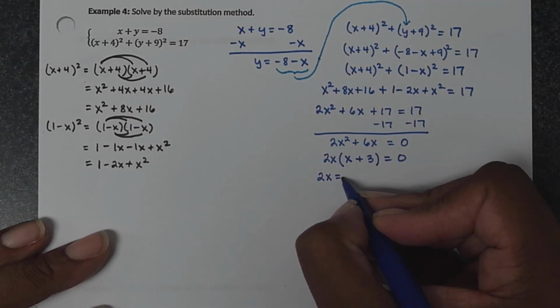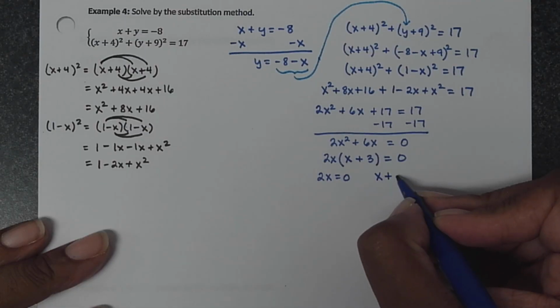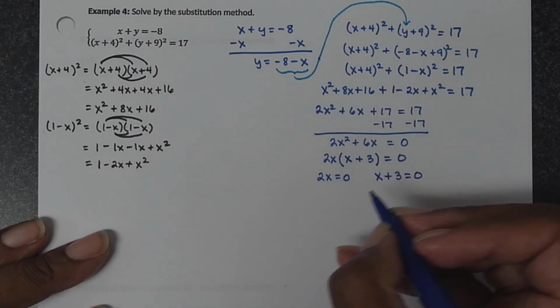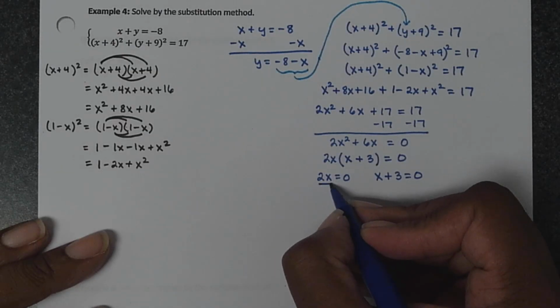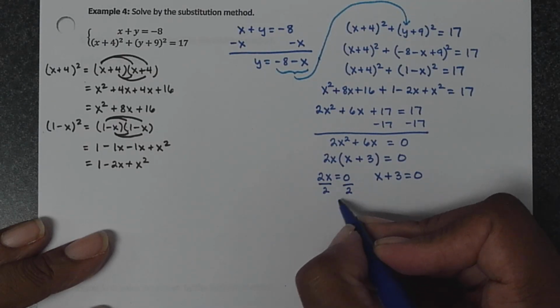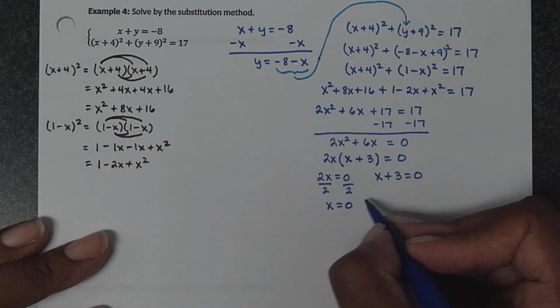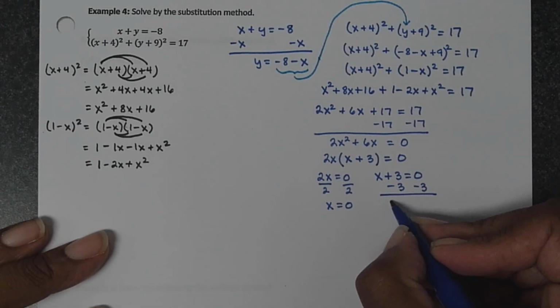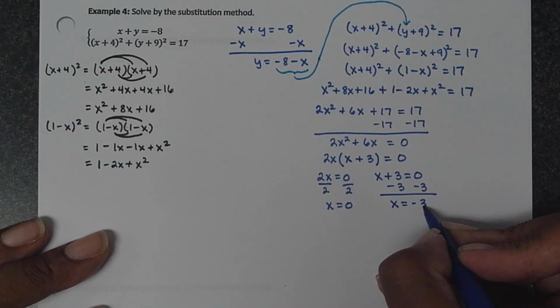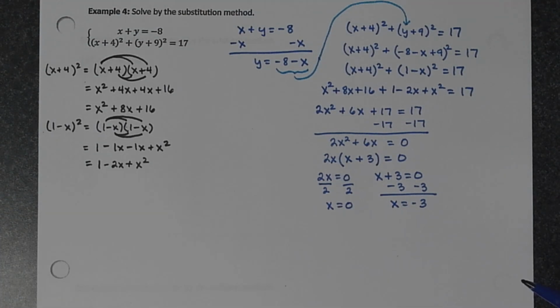So that means 2x is equal to 0. x plus 3 will be equal to 0. And then we solve each equation for x. So for the 2x equal to 0, that would have to mean x is equal to 0. And then for the x plus 3 equals 0, if I subtract 3, x will be equal to negative 3. So these are my two x values, x equals 0 and x equals negative 3.